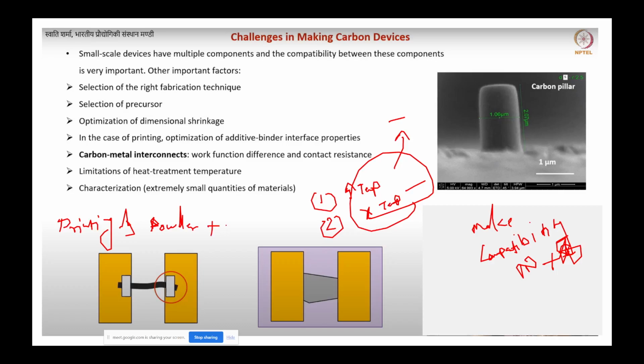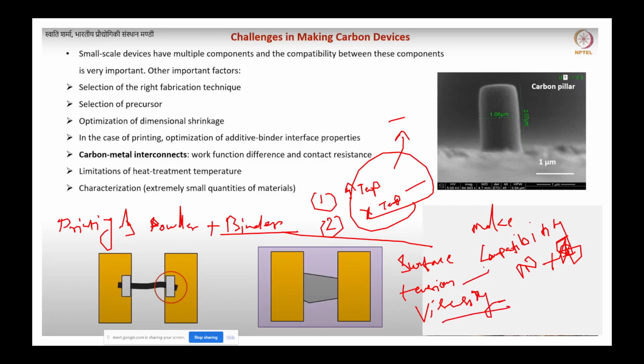You have to mix your material with the binder in such a way that it maintains its properties such as surface tension, viscosity, and fluidity.